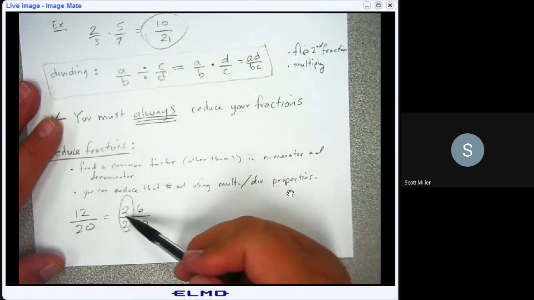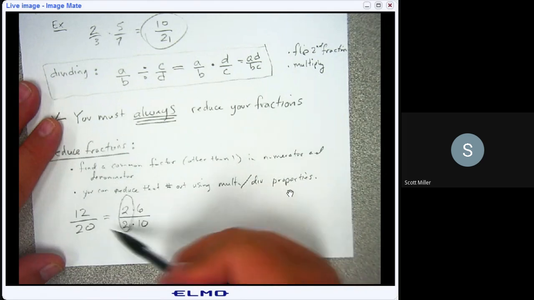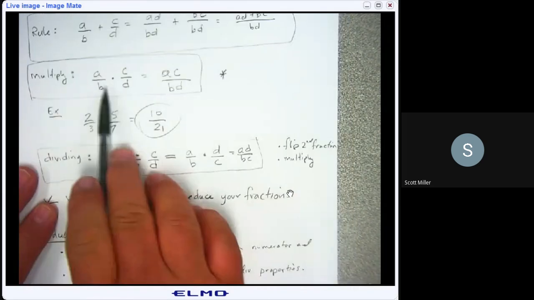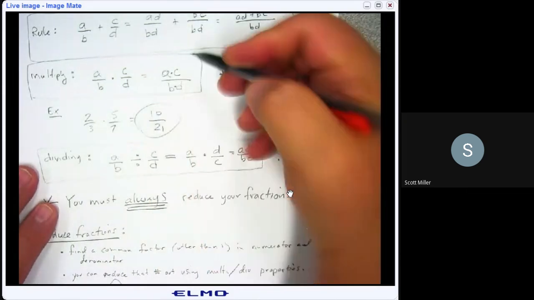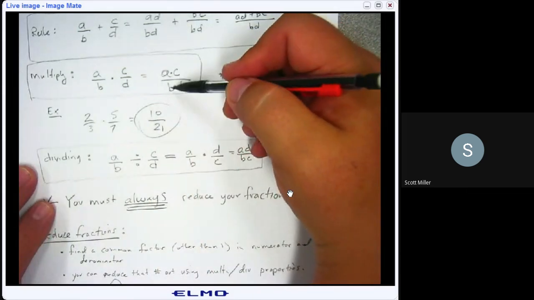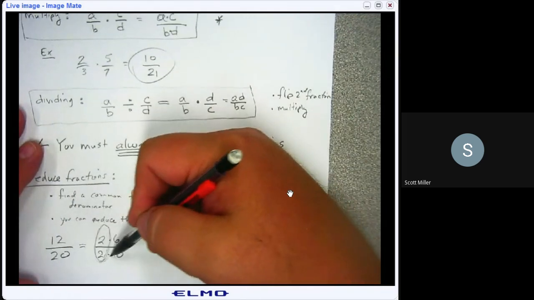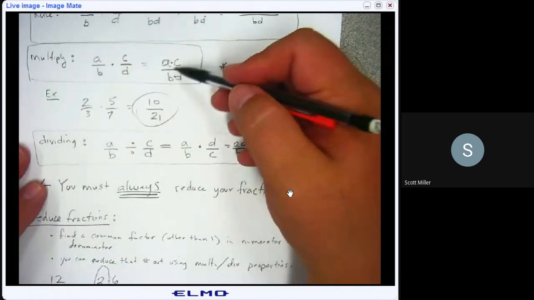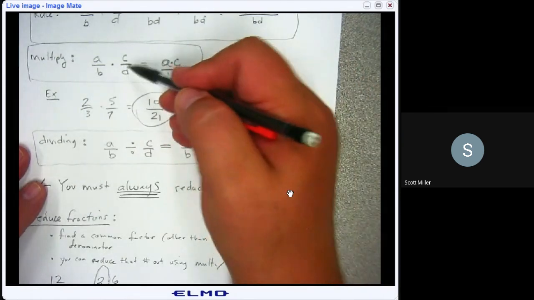See, this is now a fraction that comes from a multiplication. We have something times something, something times something. That's what I have: 2 times 6, 2 times 10. It's in this form. Well, if it's in this form, this rule says I can put it into that form.